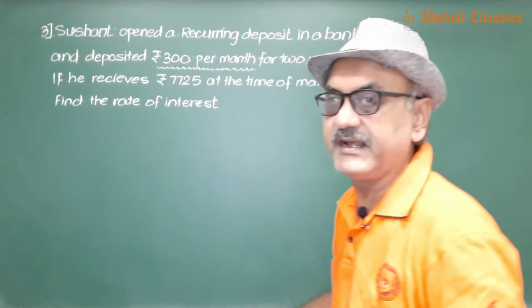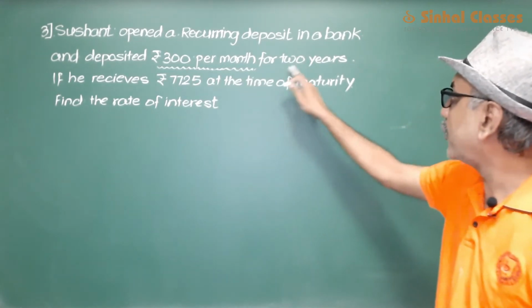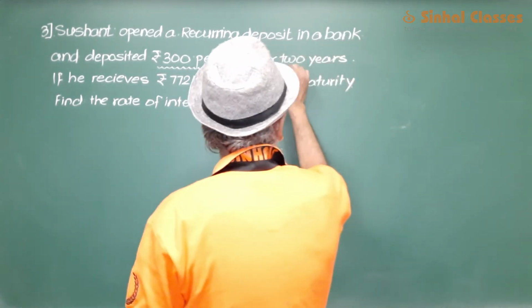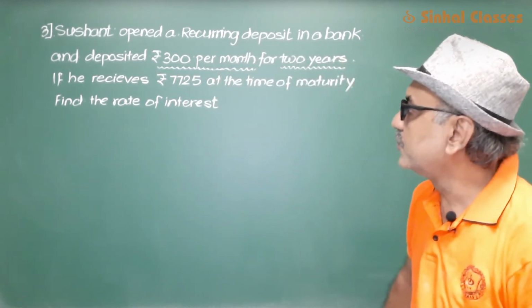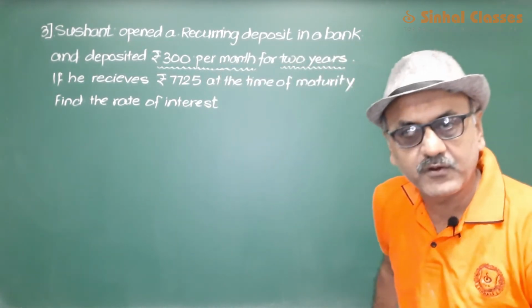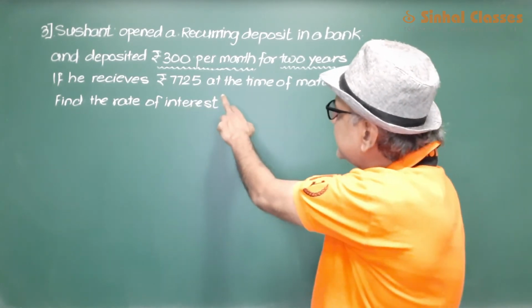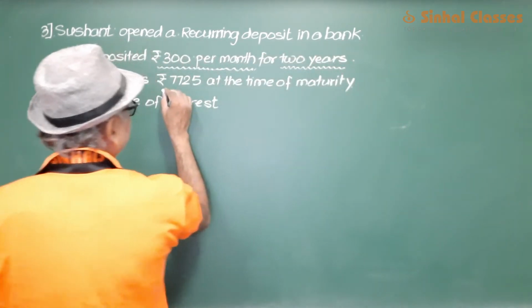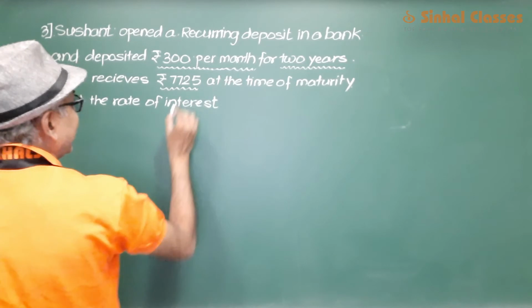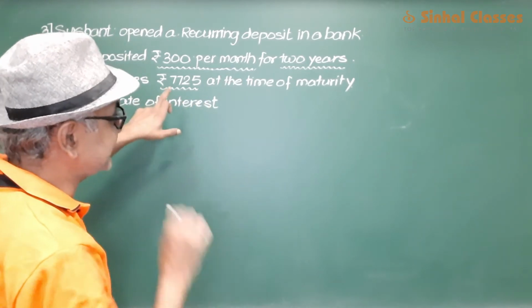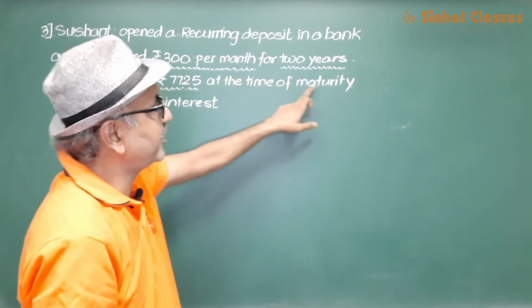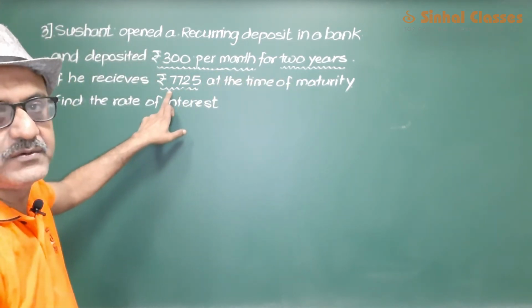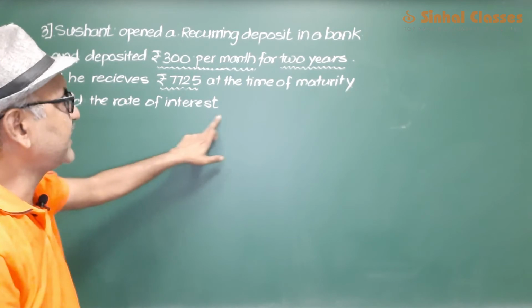So this 300 is our principal for 2 years. N is equal to 2 years, which is 24 months. If he receives 7725 at the time of maturity. Here it is specifically mentioned 7725 at the time of maturity. So this is your maturity value. We are asked to find out the rate of interest.